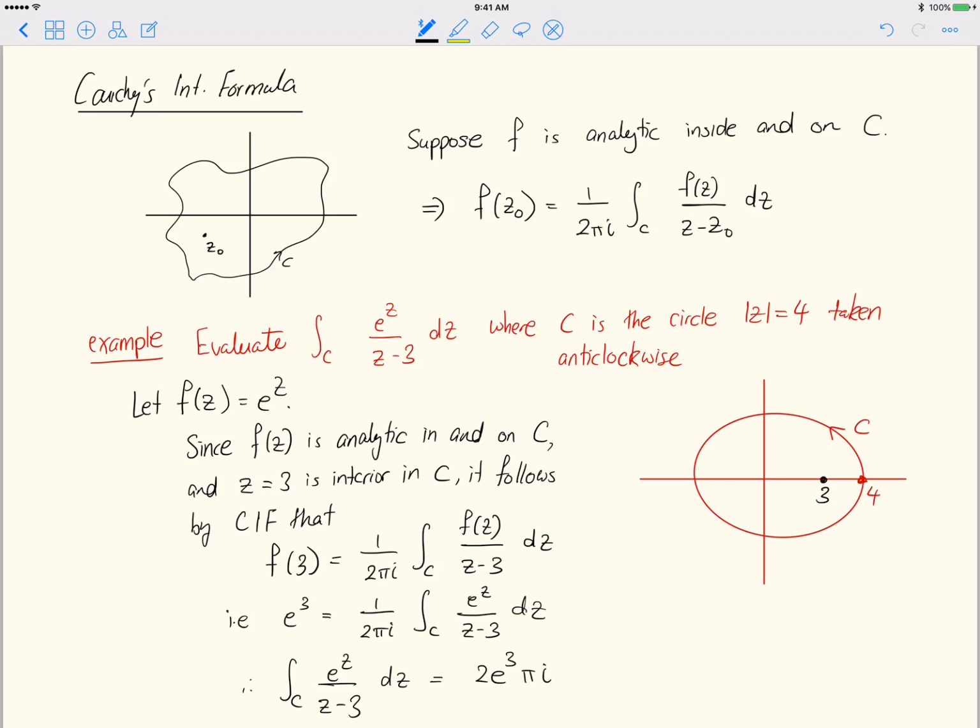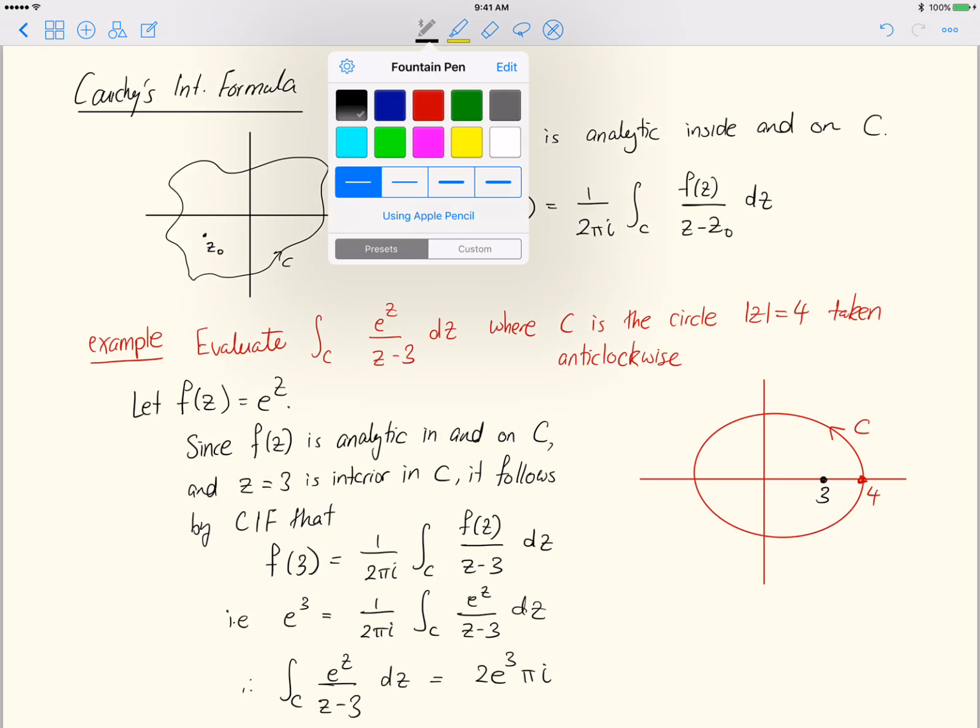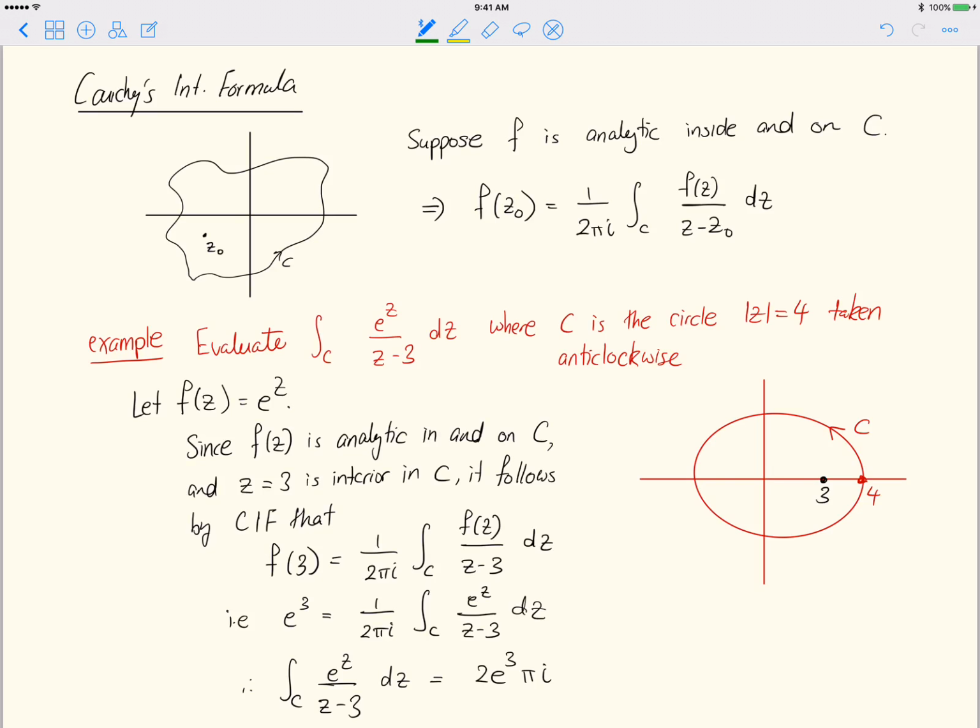And before I keep going, I should mention, even though I'm integrating around a closed loop, your instinct may have told you to go with Cauchy's integral theorem, but I couldn't have done that because, remember, if you're going to use Cauchy's integral theorem, you need a simply connected domain which contains C, and that part's not the issue actually.